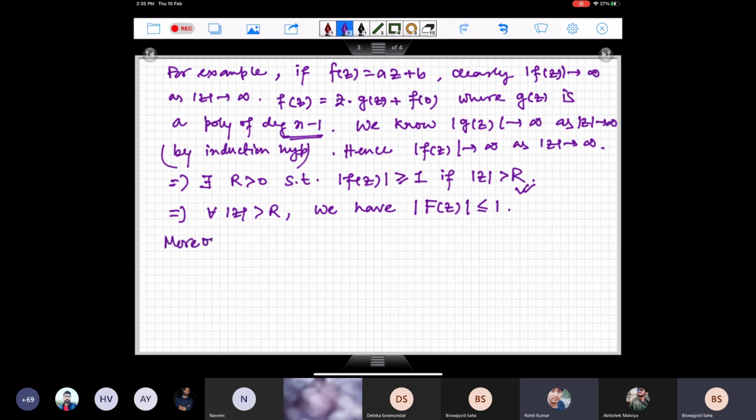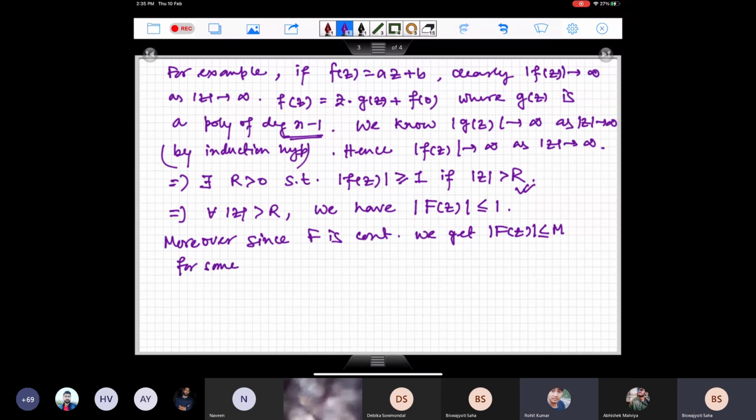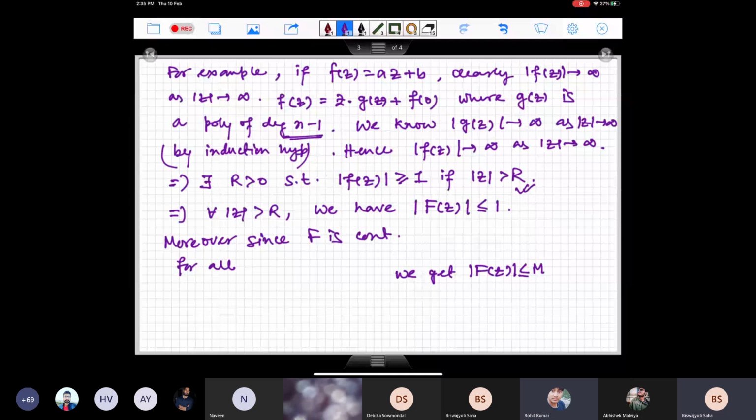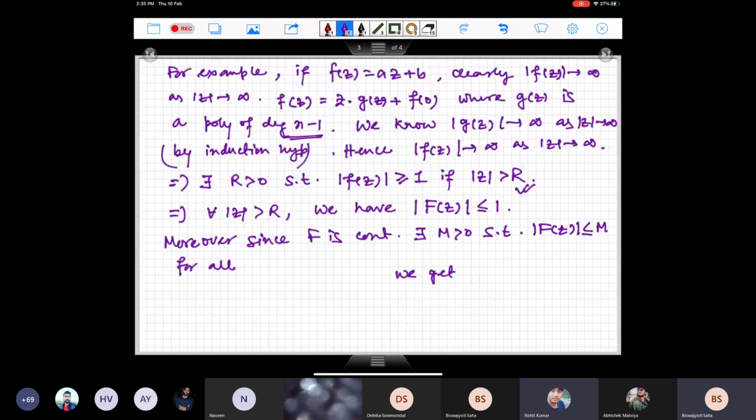Moreover, since capital F is continuous, there exists m positive such that mod of capital F of z is less than or equal to m for all mod z less than or equal to r.